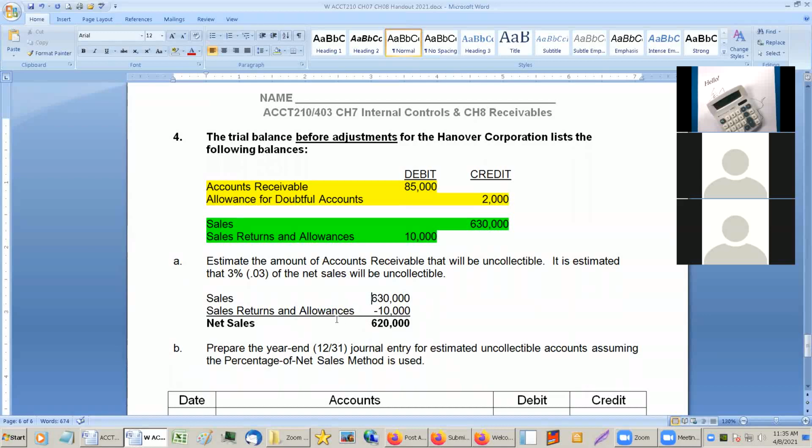People brought back 10,000 of it. So we're going to use this as our net sales. I will be quiet and see if you guys can figure out the journal entry for it.